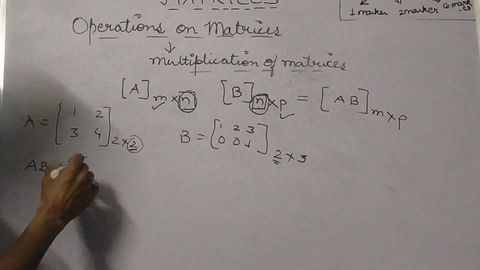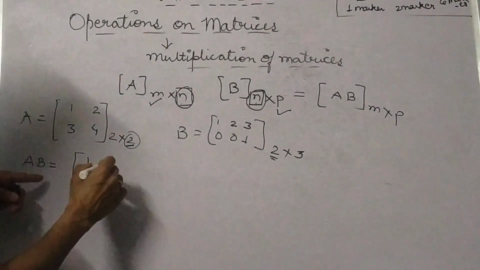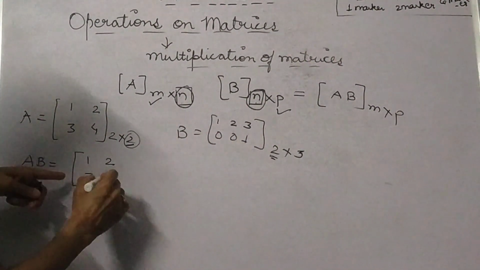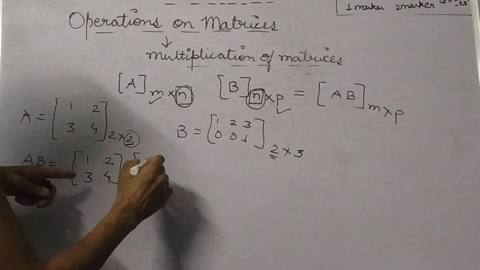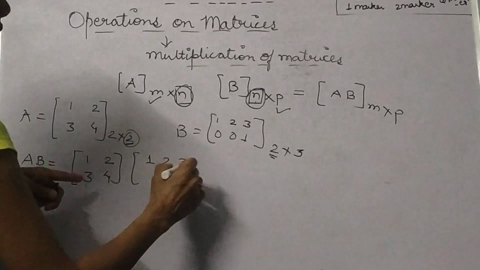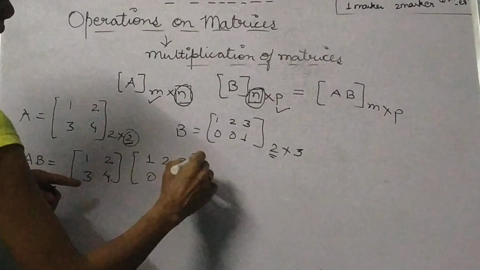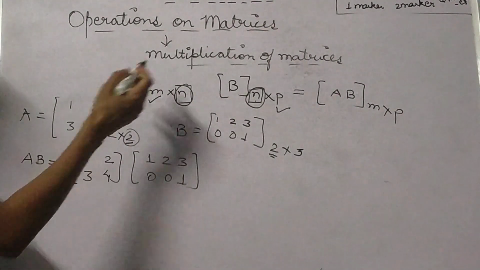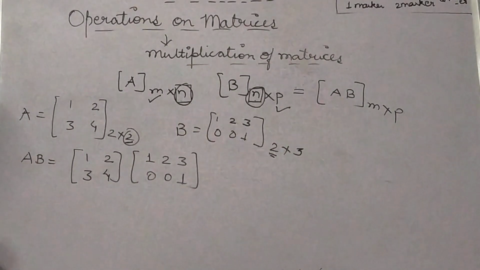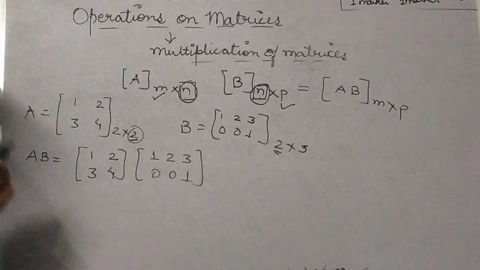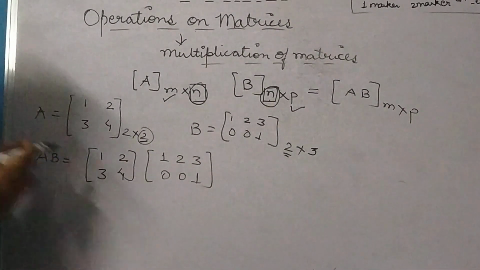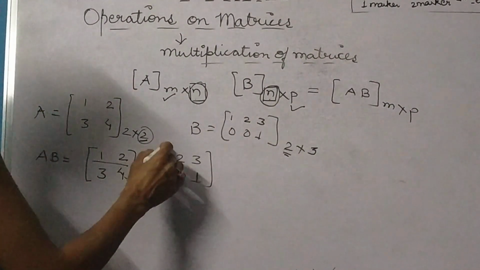If you want to find out A into B, then let's write down matrix A into matrix B. 1, 2, 3, 0, 0, 1. Now you see how you can perform multiplication of two matrices. You have to move always from row to column. From row to column.